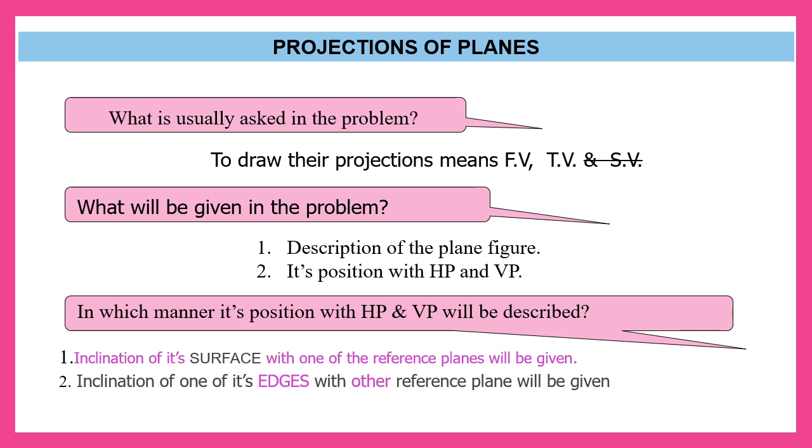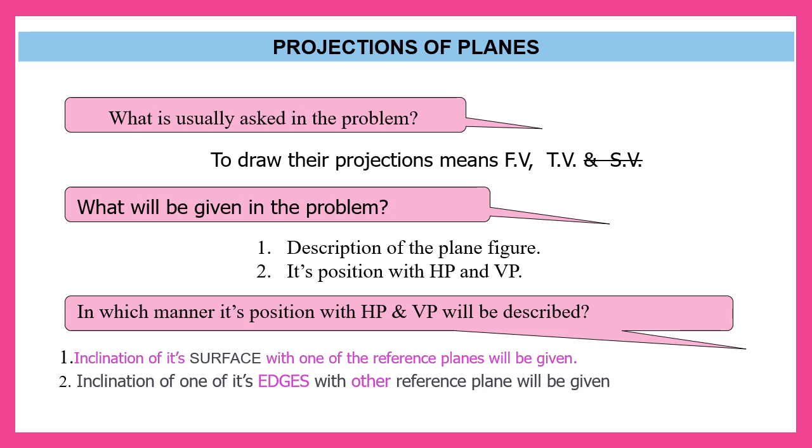In which manner can we solve this problem? First, in your problem two details will be given. The first one, as I said, is the planar figure's dimension, and then the inclination. In inclination, first will be the surface inclination, the surface inclination with the reference planes such as HP and VP, and then the side inclination or edge inclination with the reference plane.